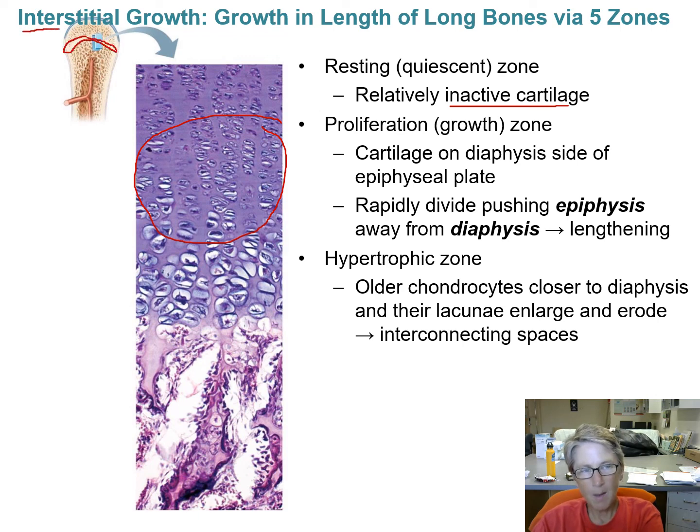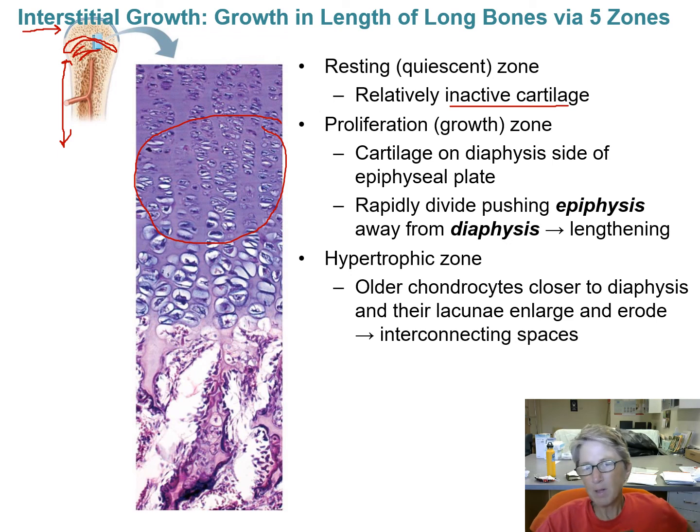Here's the epiphysis, and then this is all diaphysis. This says cartilage on the diaphysis side, so that would be cartilage on this side of the epiphyseal plate, is proliferating. So those cartilage cells are growing.